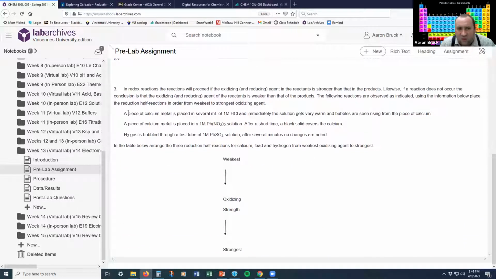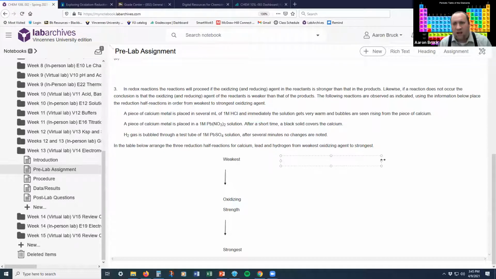And then this last one here is kind of a mock-up of what you're going to do in this lab itself. What I mean by that is you are going to ultimately rank these three chemical reactions in terms of their reactivity, based on which ones are best suited to reactions and which ones are the worst suited to the reactions.